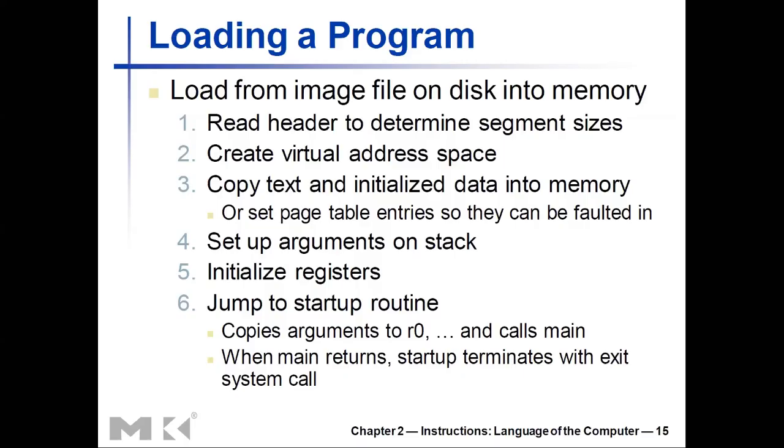And then initialize registers; the register file you have to initialize to zeros maybe. Then jump to startup routine, which copies arguments to R0 and calls main. So now the arguments are on the stack, and the arguments to the main function are the command line arguments.